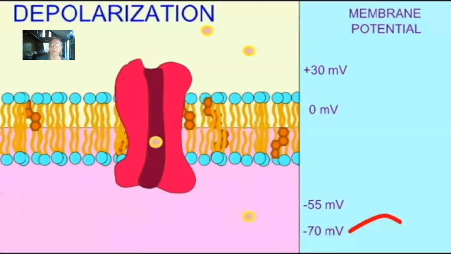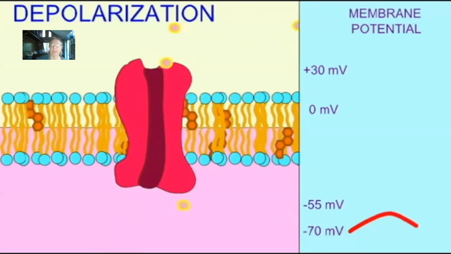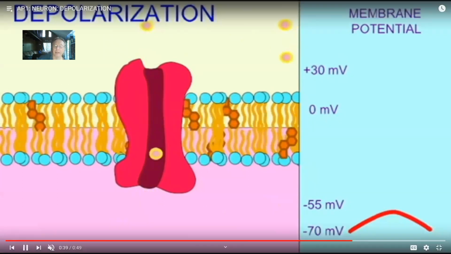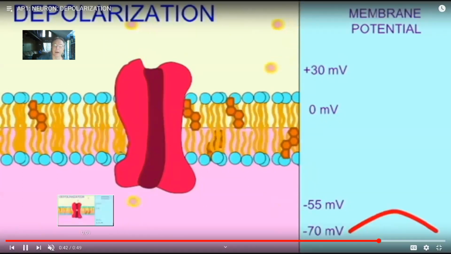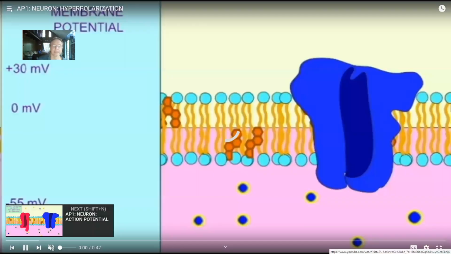Now, if we don't reach an action potential, then the sodium-potassium ion exchange pumps will pump the sodium back out, and it would return to the resting membrane potential of around -70. There are also potassium gates.